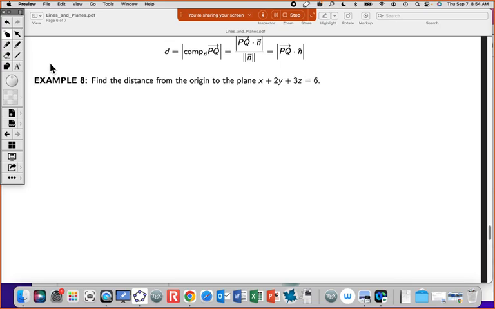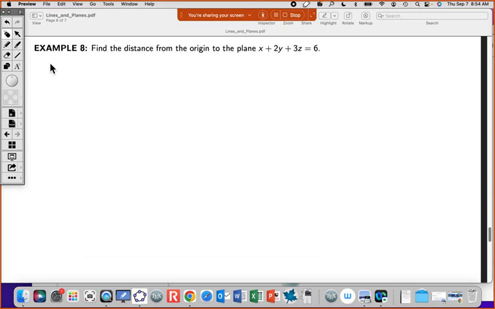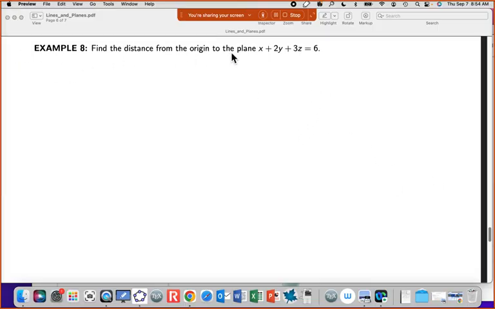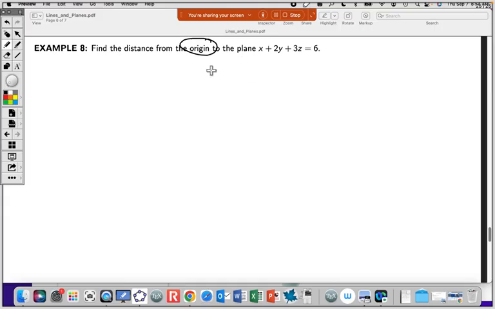So let's find the distance from the origin to the plane x plus 2y plus 3z is 6. To do this, first off, can you see why the origin is not on the plane? Because what are the coordinates of the origin? Yeah, 0, 0, 0.